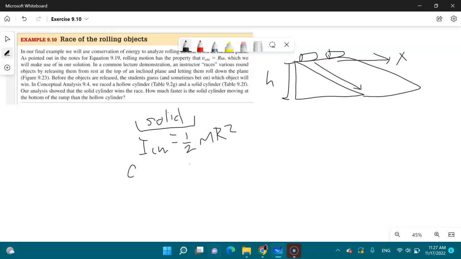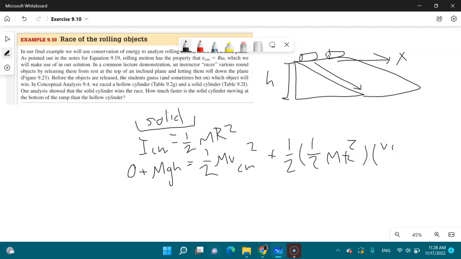Then again, 0 plus mgh is equal to half the mass times the velocity squared plus half times half of the mass times the radius squared times the velocity over the radius, all squared. Again, we can cancel out the masses and the radius, and when we isolate the velocity, our final result is the square root of 4/3 times g times h, the gravity and the height.